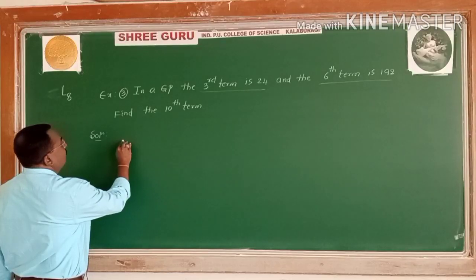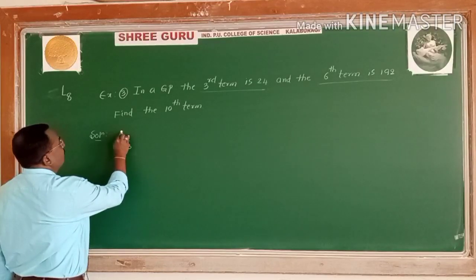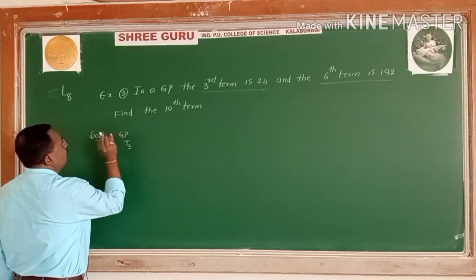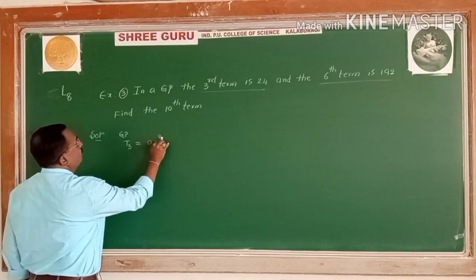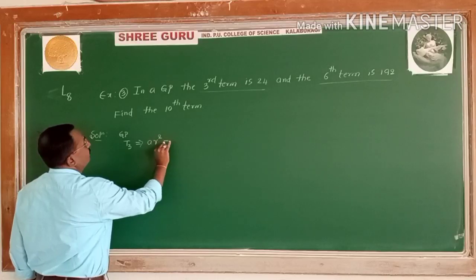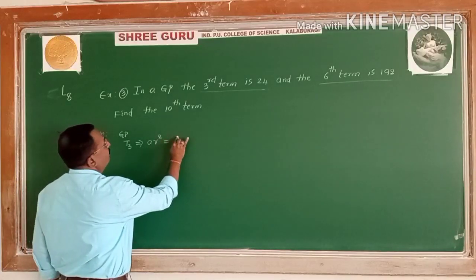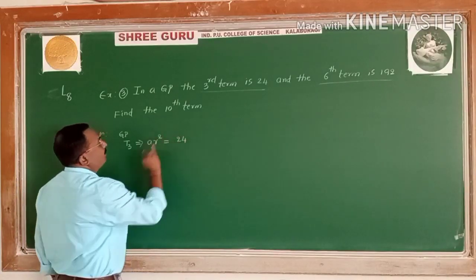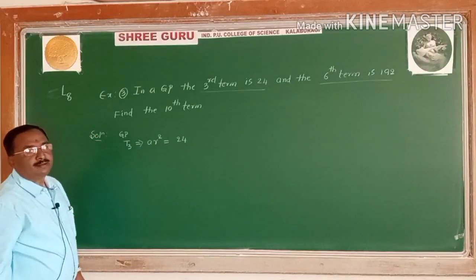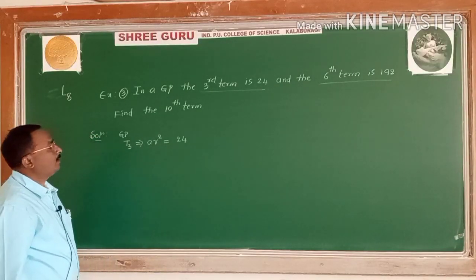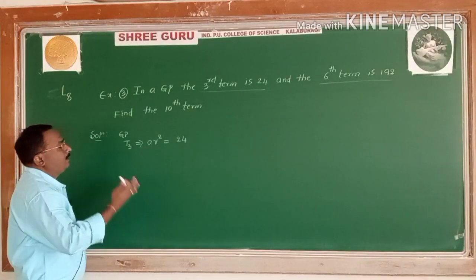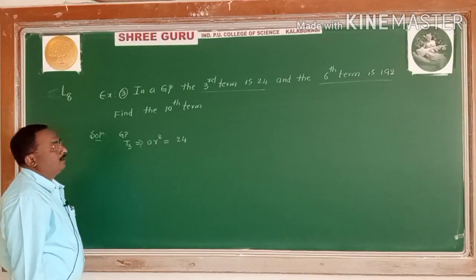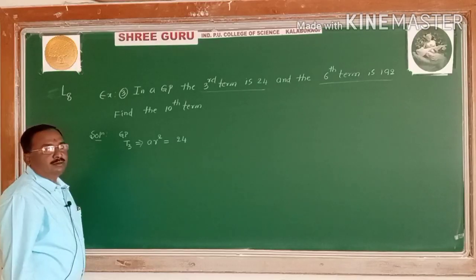Third term T3 of the GP is A into R to the power 2. This value is given, equal to 24.